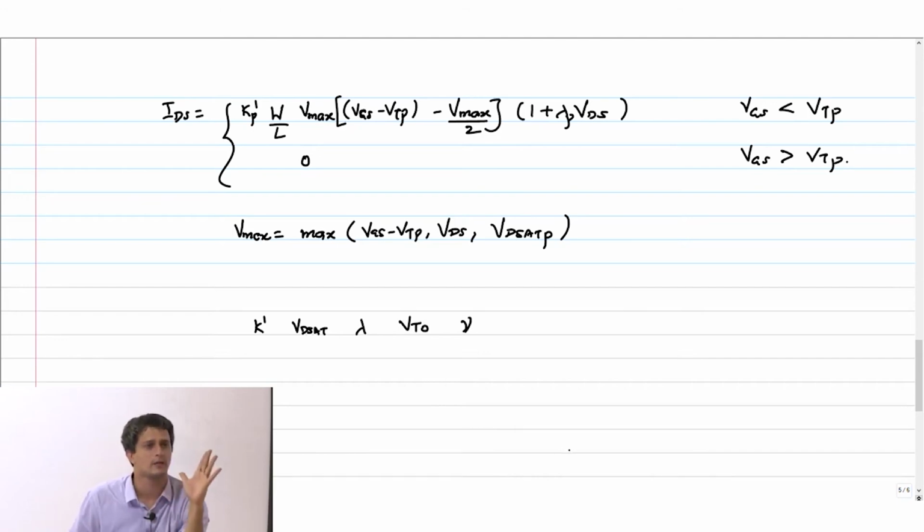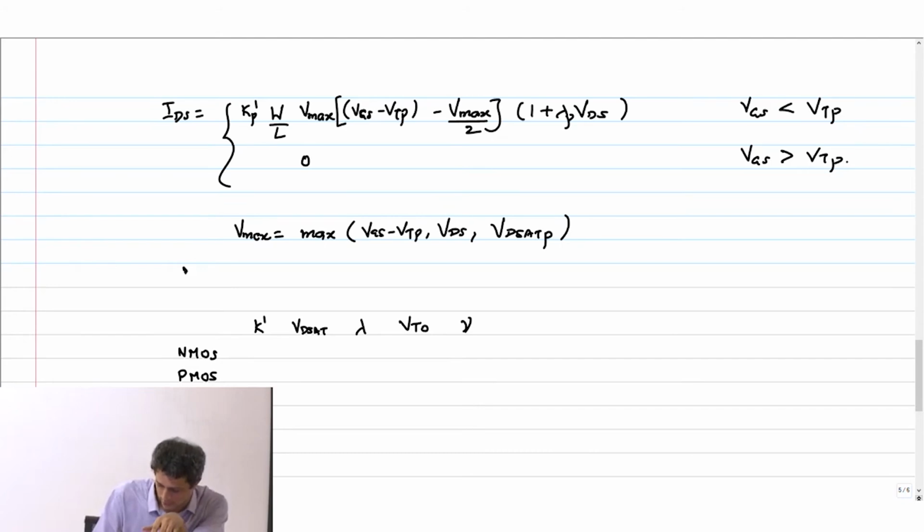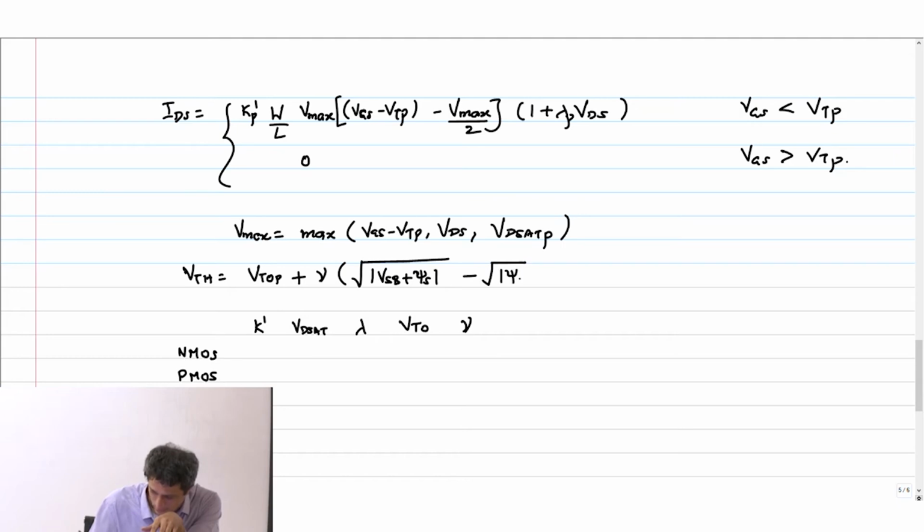These are the 5 parameters for the level 1 spice model. We had 2 transistors, NMOS, PMOS. Let me also write the threshold voltage equation here. VTH is VT naught P plus gamma into root of mod VSB plus psi S minus root of mod psi S. And there is a gamma P here.